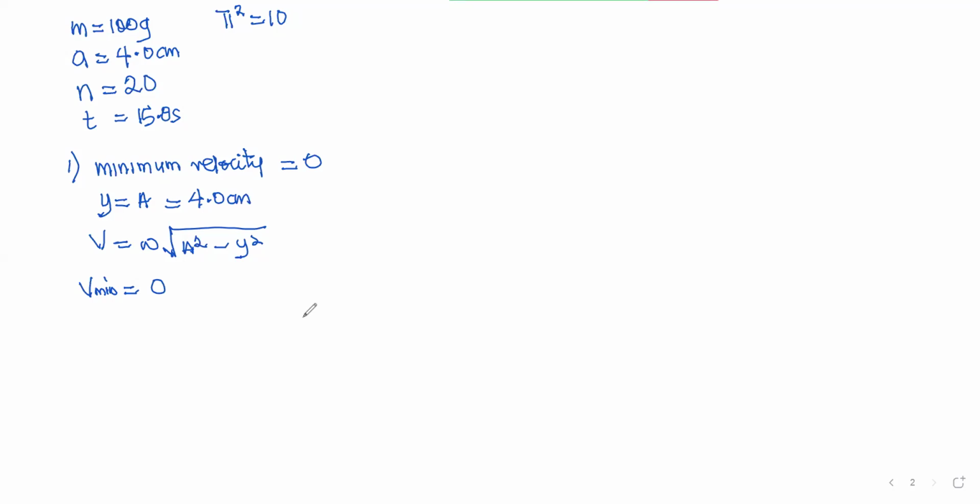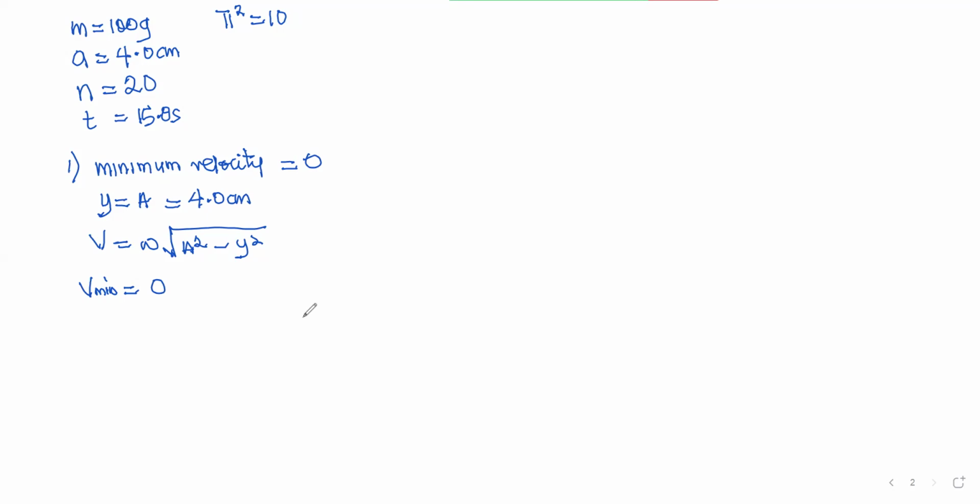Under which circumstance will we use v is equal to amplitude times omega cos omega t? Can it apply in this situation? That is when you are given time to calculate the velocity.